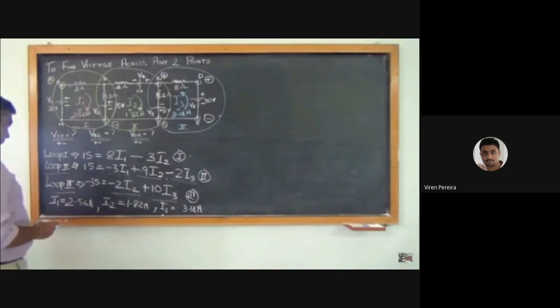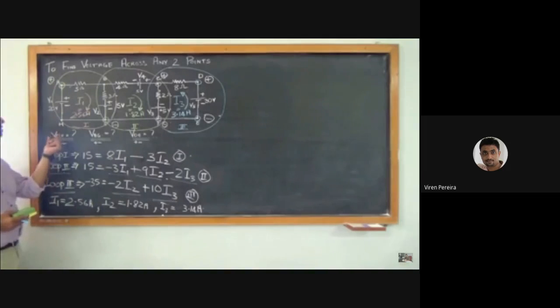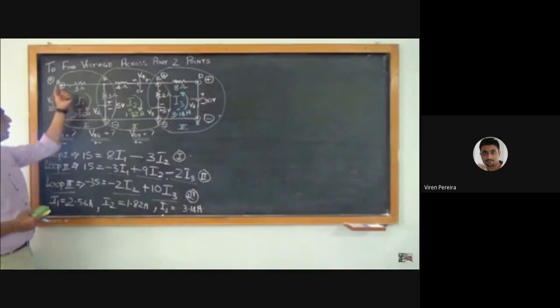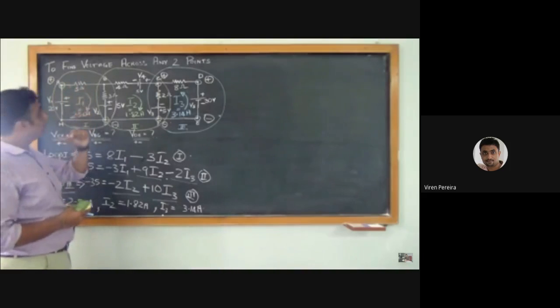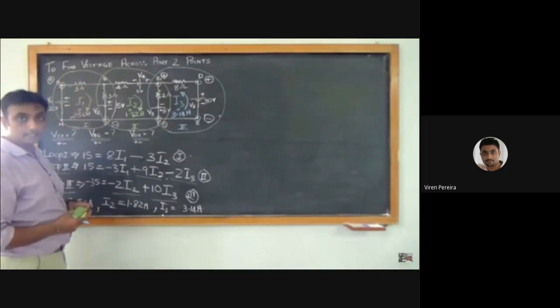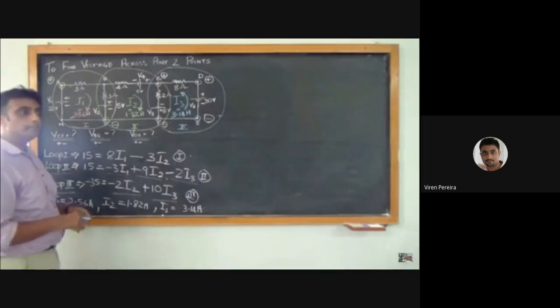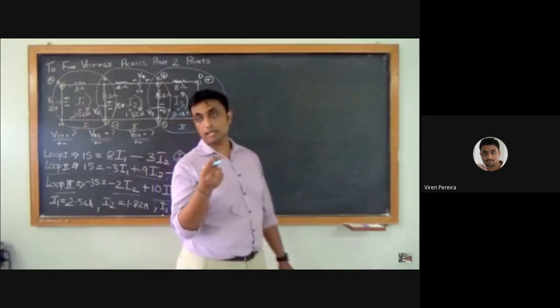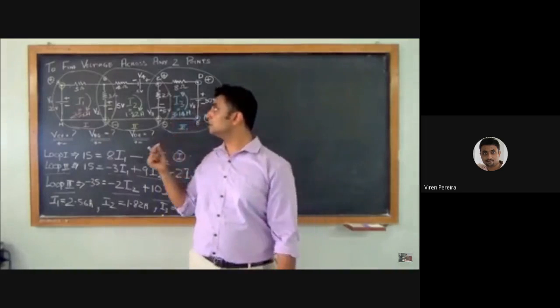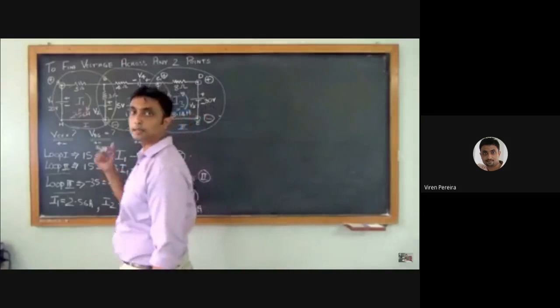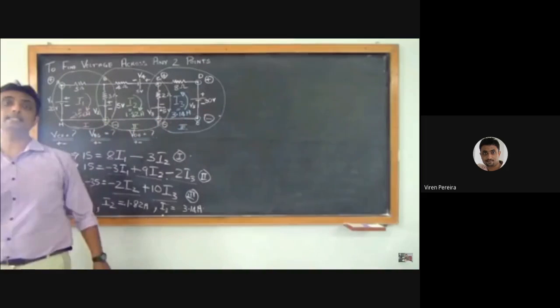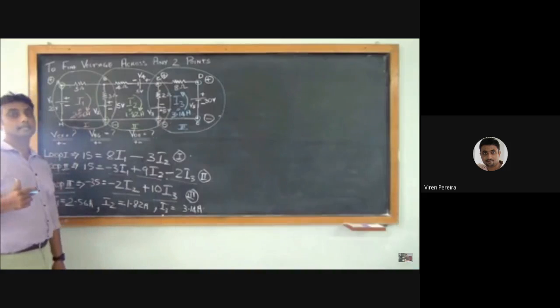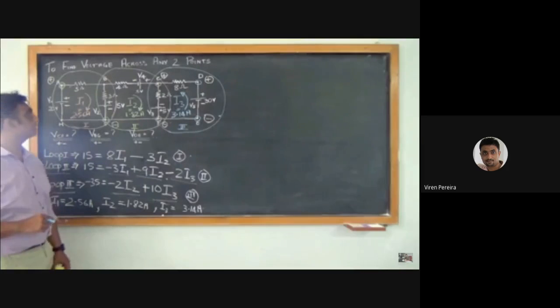Now, moving on further to find out the value of VCF. But before we go to this, we have to assign the polarities of all the resistors. Now, when your current moves from positive to negative, the first terminal that it touches becomes positive, and the second terminal it touches becomes negative, as that of a resistor.